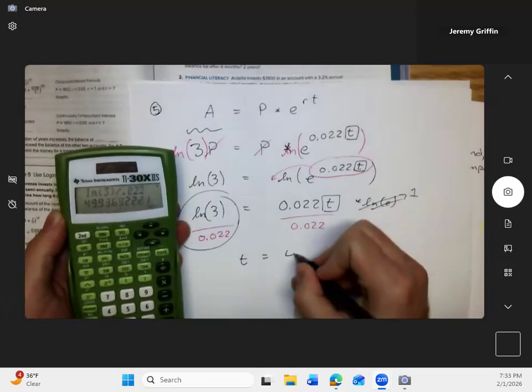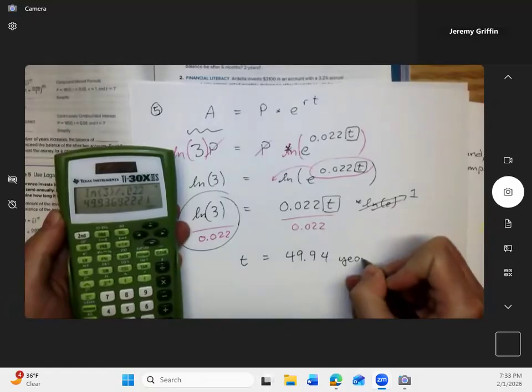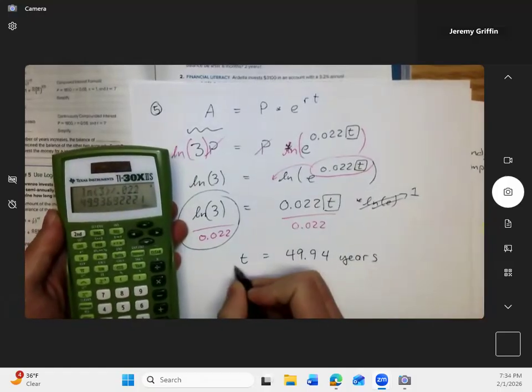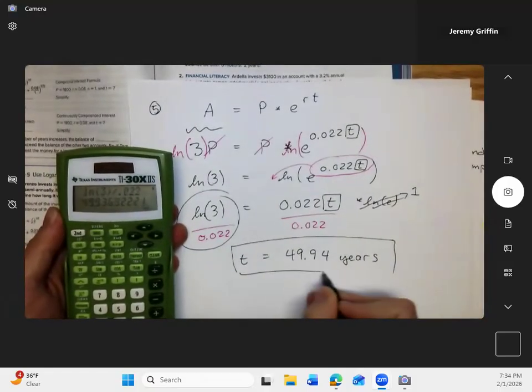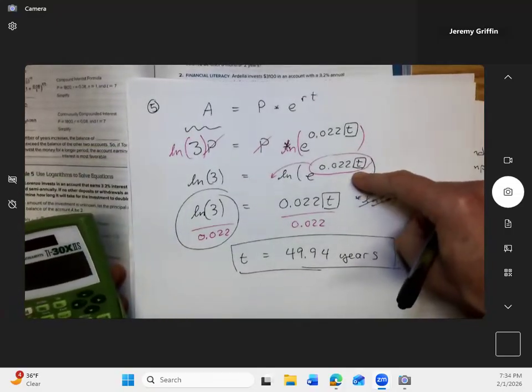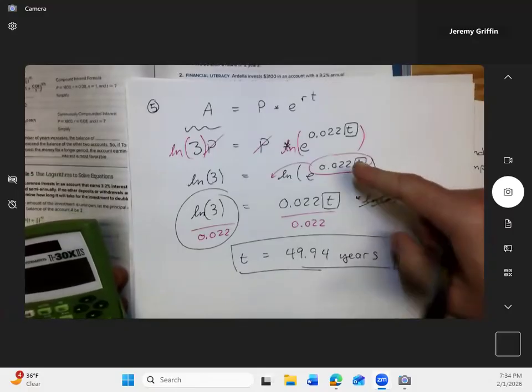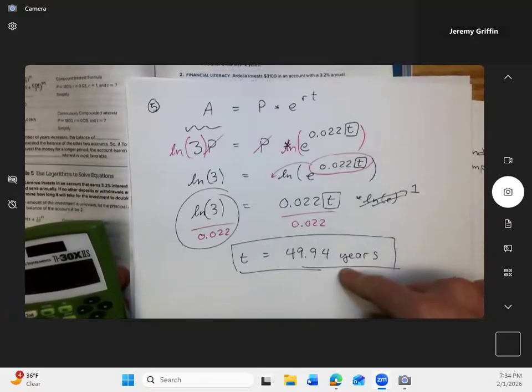Looks like 49.94 years. You could call it 50 years. Yeah, that looks believable. 2.2% is a fairly small interest rate, so to triple, it would take about 50 years.